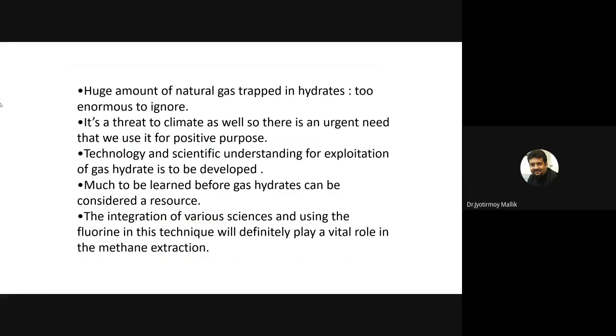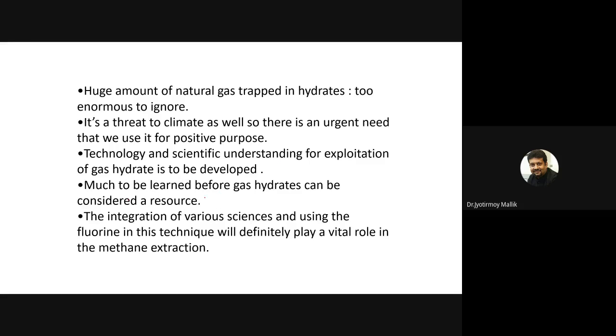So what are the general takeaway points? A huge amount of natural gas is trapped in hydrates, too enormous to ignore. It's really, really large. It's a threat to climate as well. So there is an urgent need that we use it for positive purposes. Technology and scientific understanding for exploitation of gas hydrate are yet to be developed.